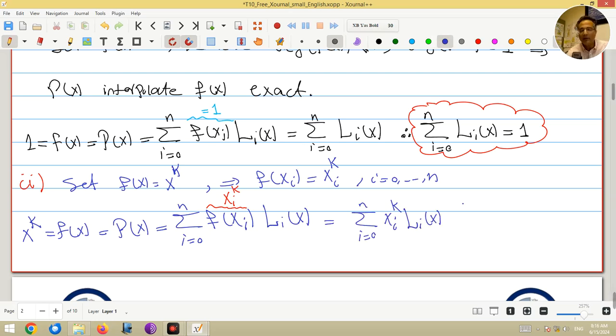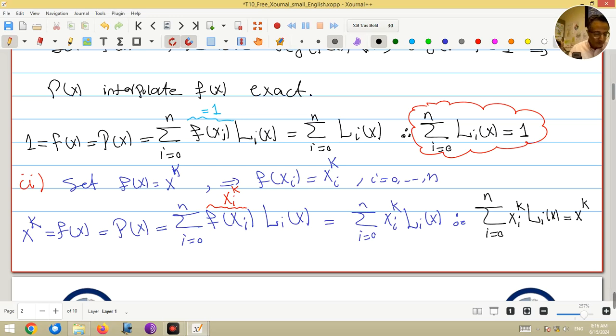Okay, and this gives the sum over i from 0 to n of xi to the power of k Li of x is equal to x to the power of k for all k less or equal to n.